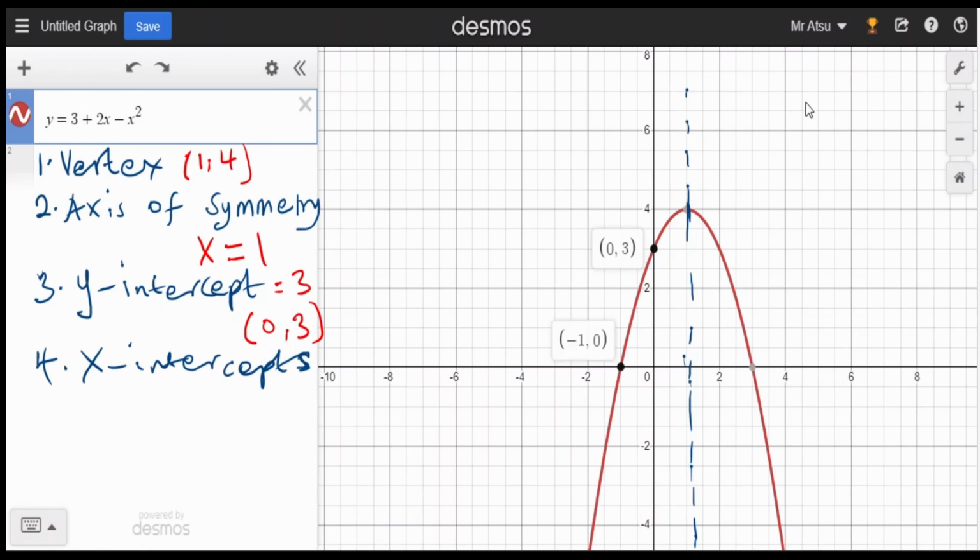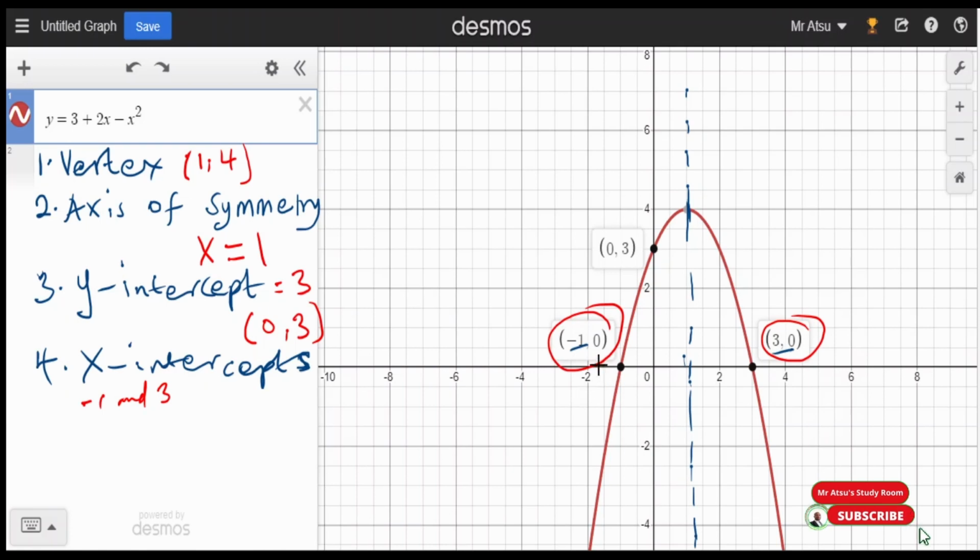Here and here: -1 and 3. We can simply write them as -1 and 3, or again, if you want to write them as points, then we write them as (-1, 0) and (3, 0), because the y coordinates on the x-axis are both 0. So those are the x-intercepts.